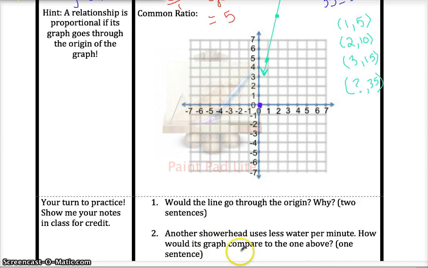I want you to at least write 1 sentence to explain that, and then I also want you to draw a sample line that would show where the new line would be for a different shower head. So it could be going down this way, it could be coming up from over here. You're going to have to tell me where it's going to be and then explain to me why.